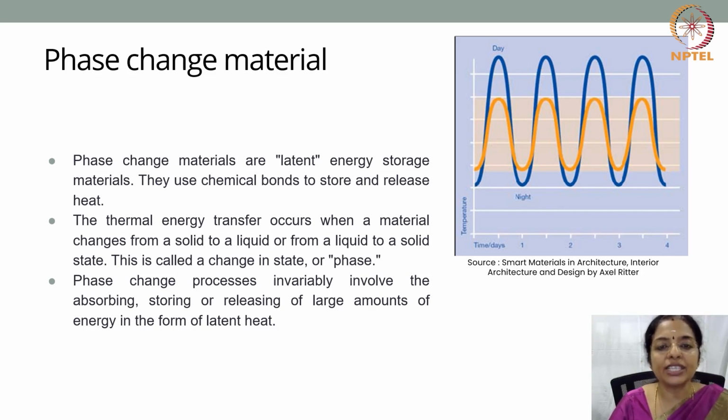So a phase change material has a lot of latent energy storage in it. They use the chemical bonds to store and release the heat.